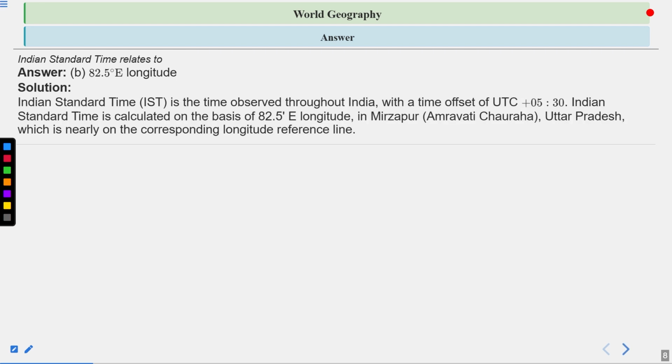Indian Standard Time is the time observed throughout India with a time offset of UTC plus 5:30. It is calculated on the basis of 82.5 degree east longitude in Mirzapur, Uttar Pradesh, which is nearly on the corresponding longitude reference line. The time of India is GMT plus 5:30. GMT is Greenwich Mean Time, so India is ahead by 5:30 hours from Greenwich Mean Time. So, the correct answer is B.